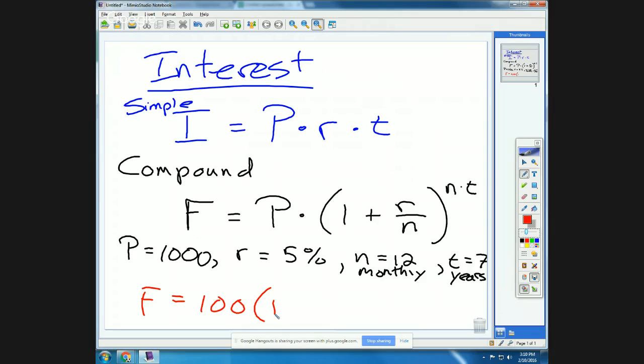And then we add on our periodic interest. Now that I have to change to a decimal. What's 5% as a decimal? 0.05. Beautiful. And we're going to cut that into 12 pieces. But although I'm going for 6 years, I get to collect interest 12 times a year. 7 years. Ah, right. 7 years.